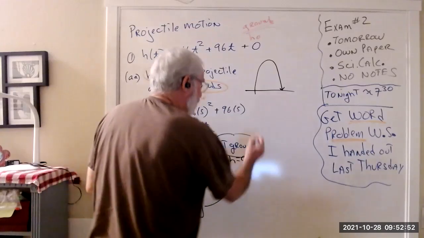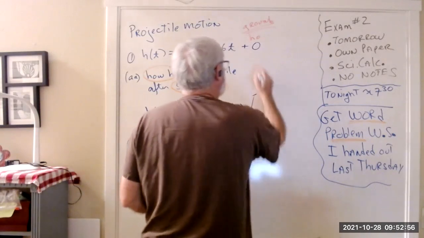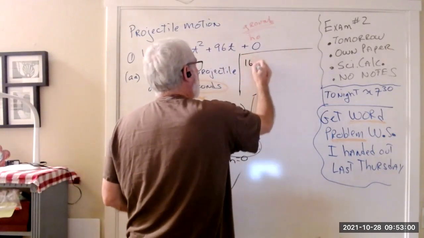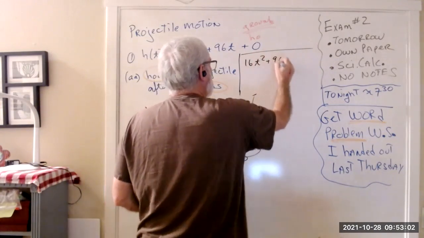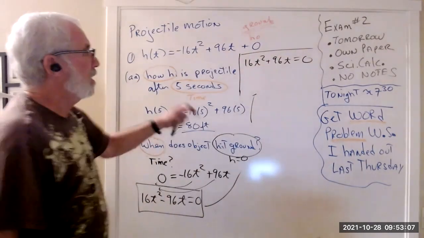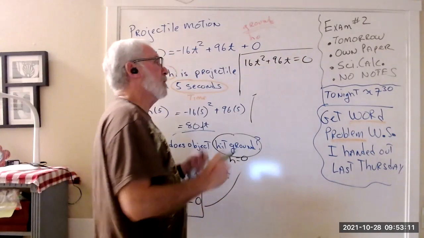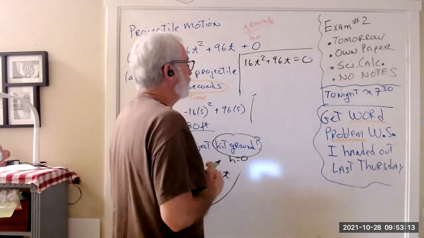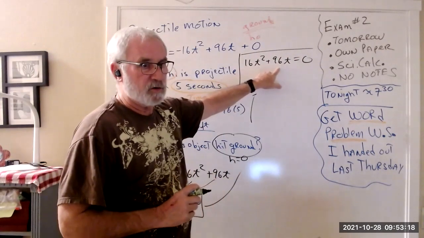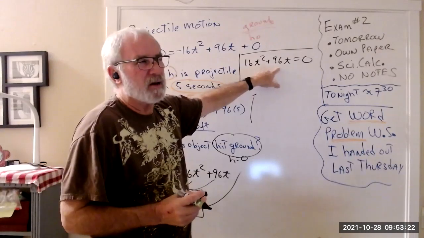You don't have to do that. So here I am. That was stupid of me. 16t squared plus 96t equals 0. Same equation as I had down here. All right, solve it. I'm going to factor it. Okay. I happen to know that 16 goes into 96. But it doesn't matter. What if you didn't know that?